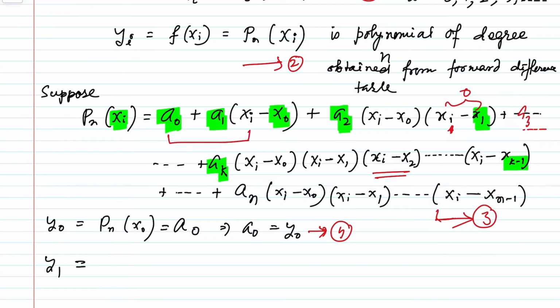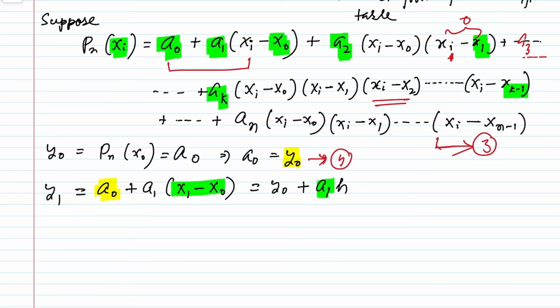First we have to take only the first two terms in this case. So that's going to be equal to a naught plus a1 into x1 minus x naught, and we know that x1 minus x naught is nothing but h, and also a naught is equal to y naught. So y1 equals y naught plus a1 into h. From here we can obtain the value of a1.